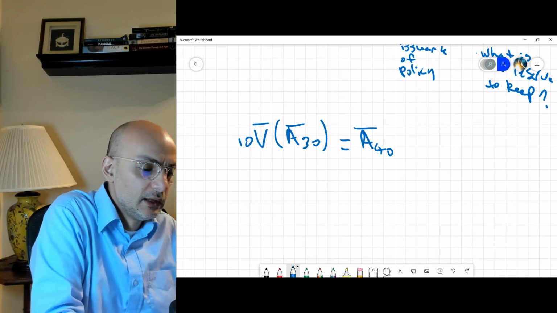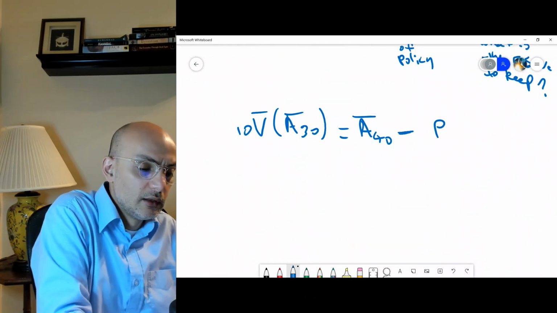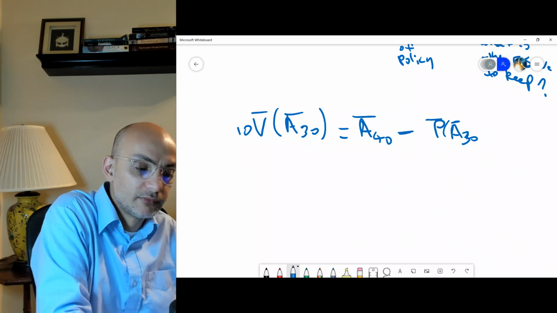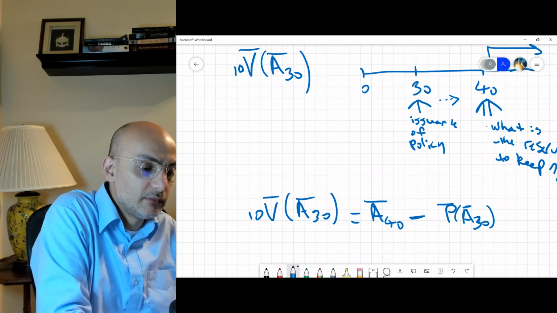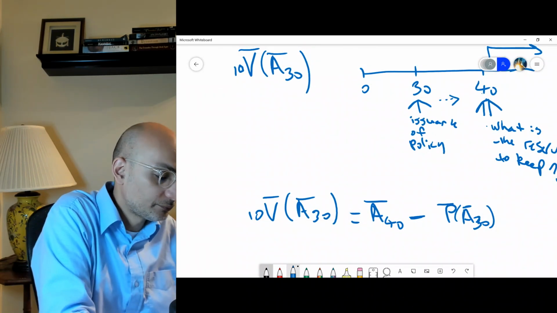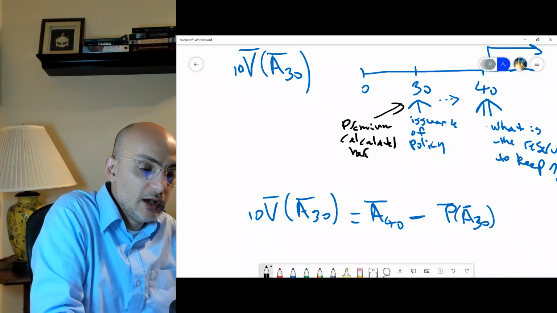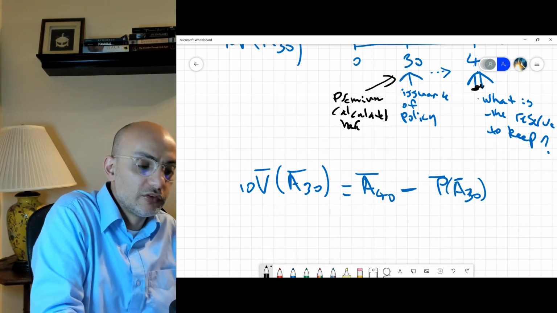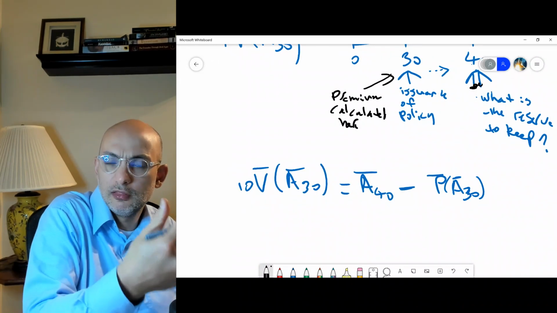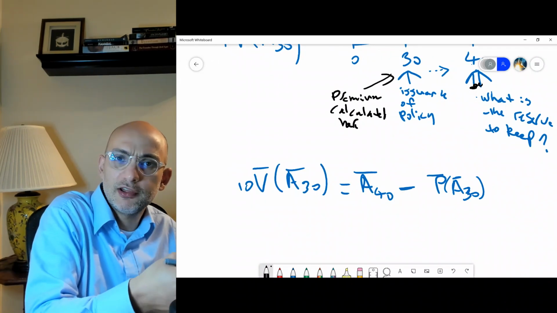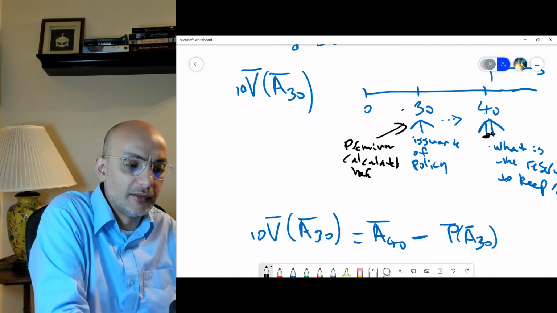We are here. And how much are we going to collect? We collect whatever the level of the premium is. So the premium at age 30 is calculated here. But we are here, because this is when you issued the insurance contract, you specify the premium at the time of issuance.